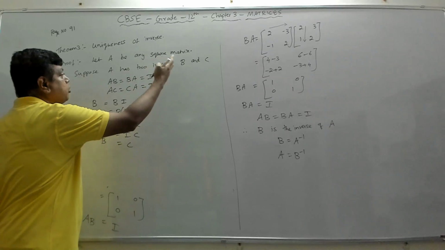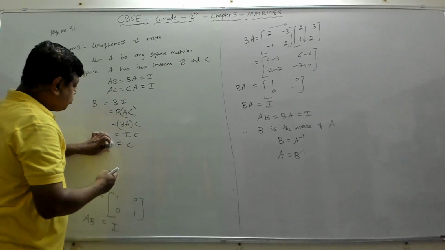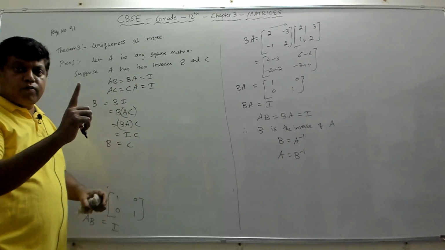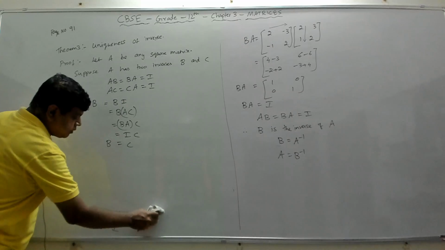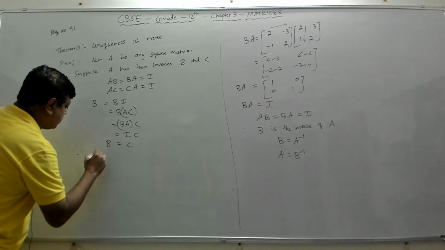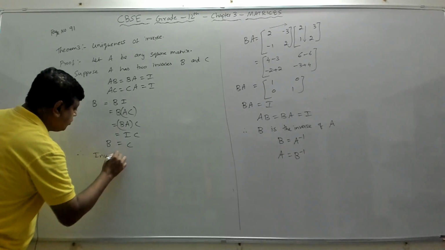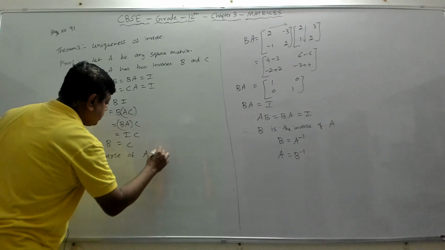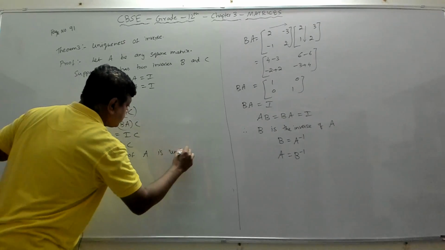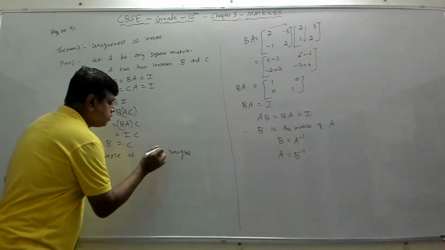We assumed that there are two inverses, and then we finally found that no, the two inverses are one and the same. Which means A can have only one inverse, which is B, or which is only C, whatever. Therefore, the inverse of A is unique, which means A cannot have two different inverses.